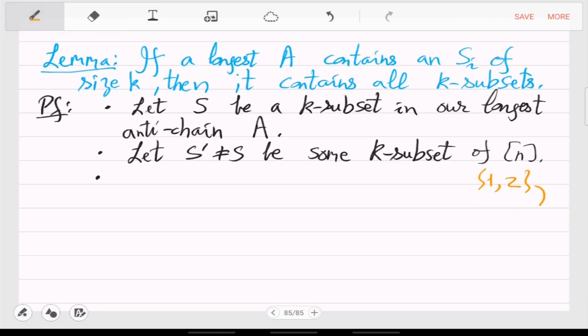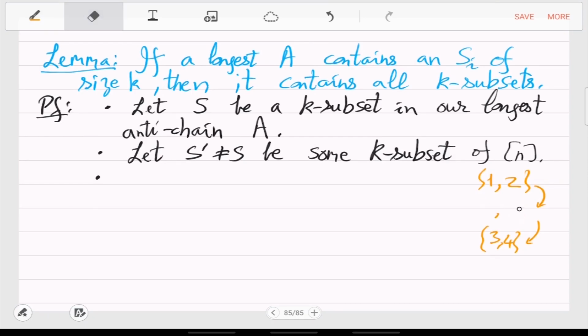So from this you can go to 1, 3, and from this you can go to 3, 4. Or actually, maybe I want to go to a bigger set.